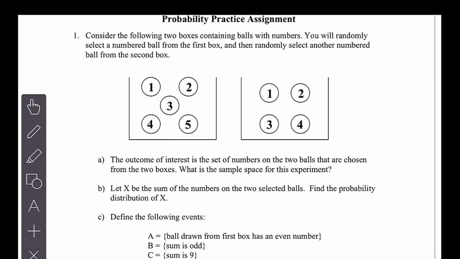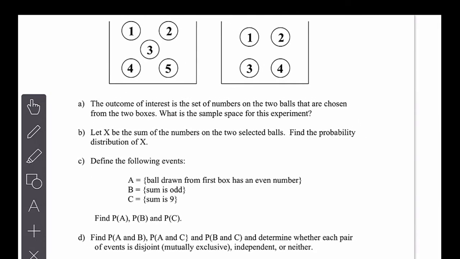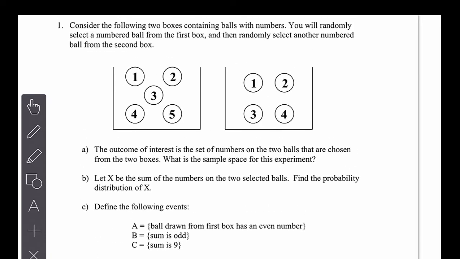Now, a new variable that we define as x, the sum of the numbers on the two selected balls. This is the keyword. You're not just going to represent the outcomes, but you're going to sum them together.